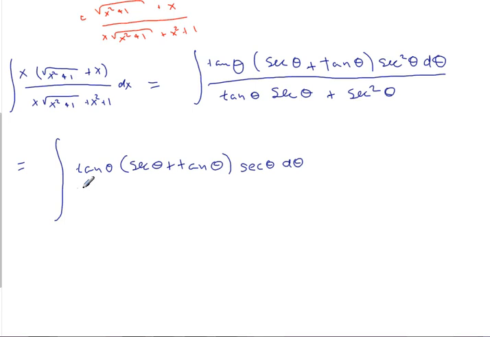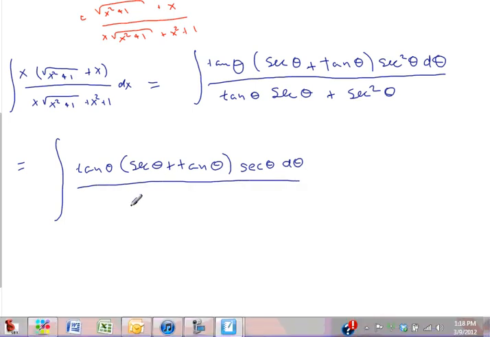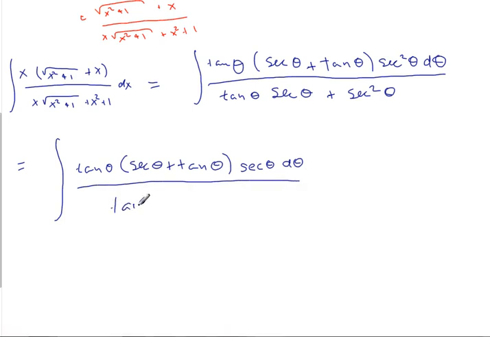Now I cancel a secant, so I've got to cancel it from each term, and I get a tangent theta plus secant theta, and there, that works. Look at that, because now I can cancel. Let's point this out. Now I can cancel that and that. So before I canceled one of those secants with one of those, right? Now I can cancel this and this. And I get, okay, a much more doable integral.